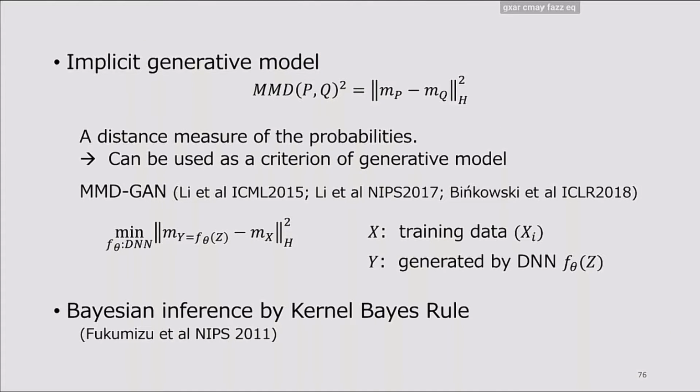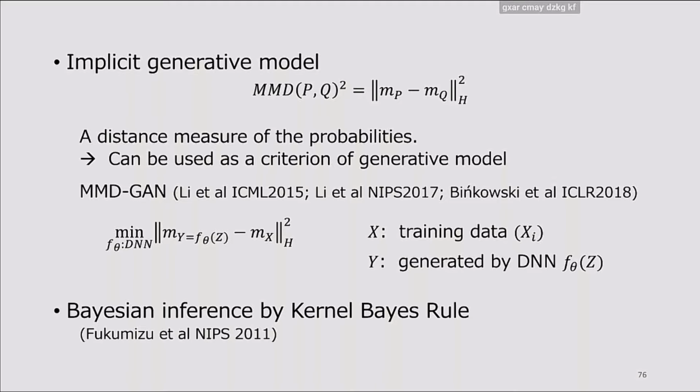And in another and recent application, they use this distance measure for distribution in implicit generative models, which is similar to GAN or variational autoencoder. This kernel mean approach can be applied to generate samples from some distribution given by training data. The application is quite simple.